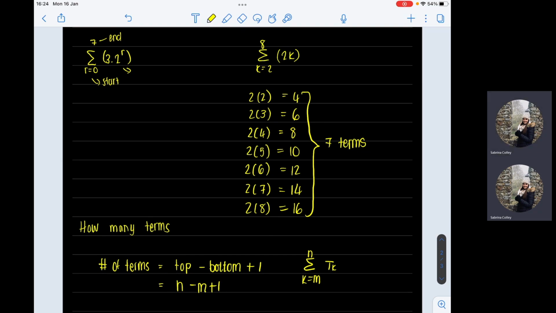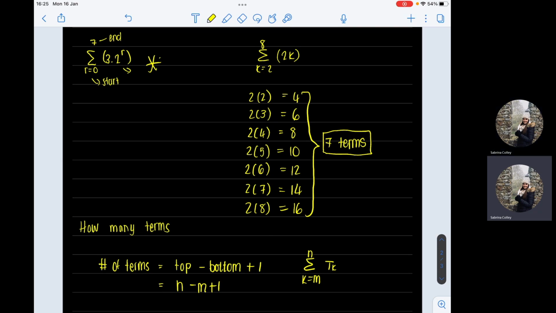So 8 minus 2 gives me 6, then I add 1, and that gives me 7 terms. So I know that I'm adding 7 terms together. What about this one to the side here? My top is 7, so I would go 7 minus 0 plus 1. So I would be adding 8 terms altogether.